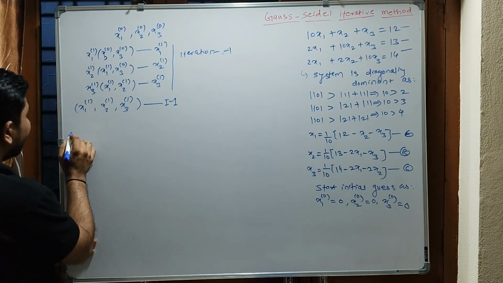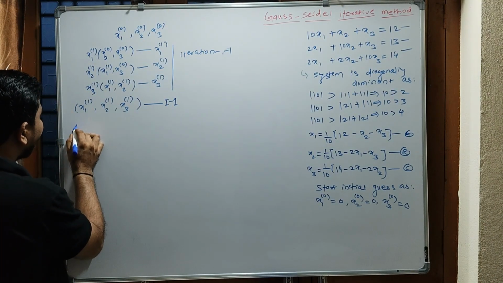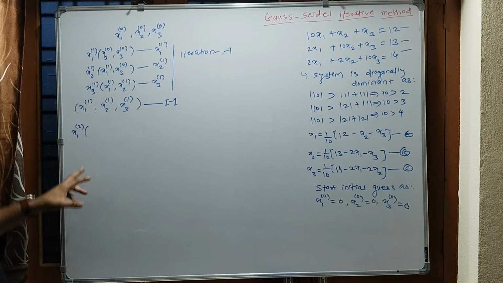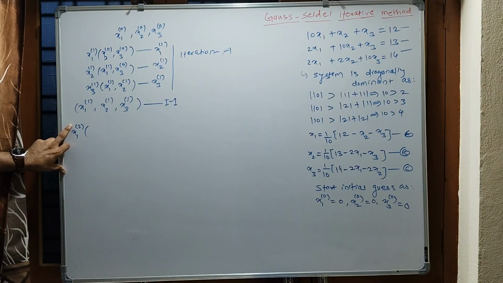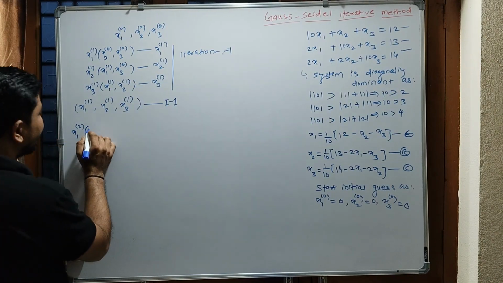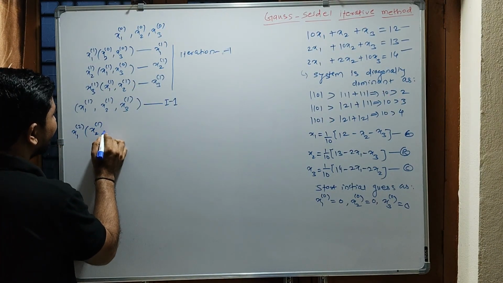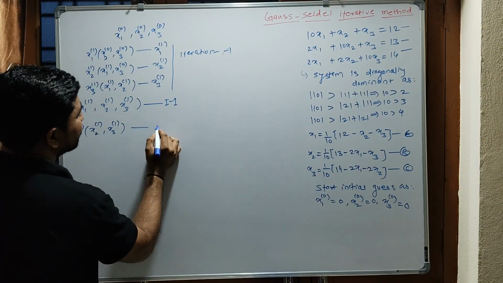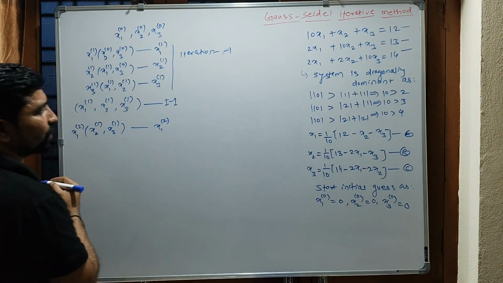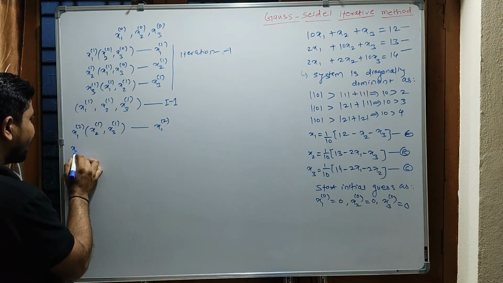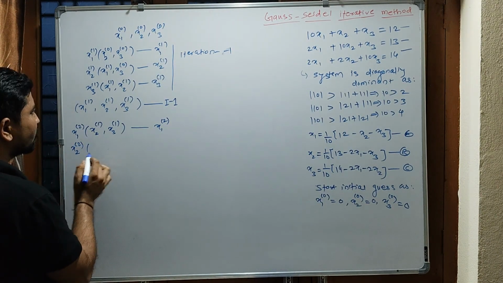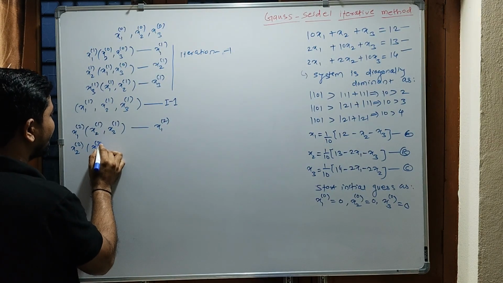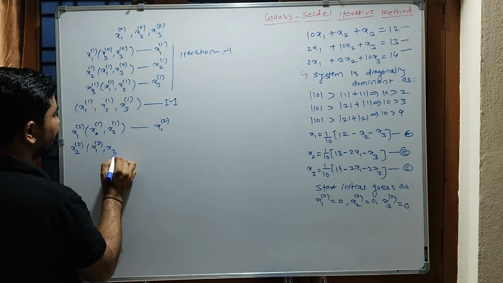Now I want to find x1 at 2, the second iteration. Here I am using x2 at 1 and x3 at 1, as I don't have any other choice. With this I get x1 at 2. While finding x2 at 2, instead of x1 at 1, I am using x1 at 2 and x3 at 1.